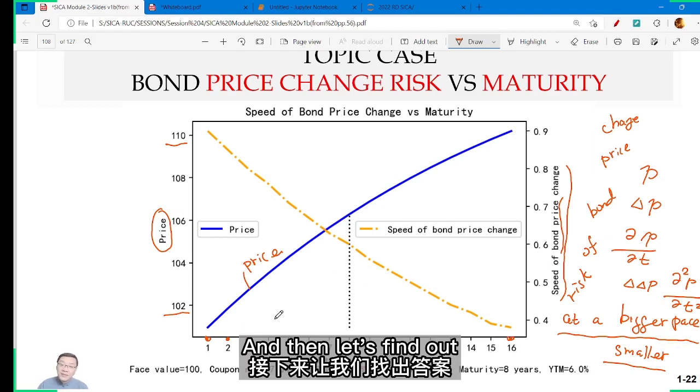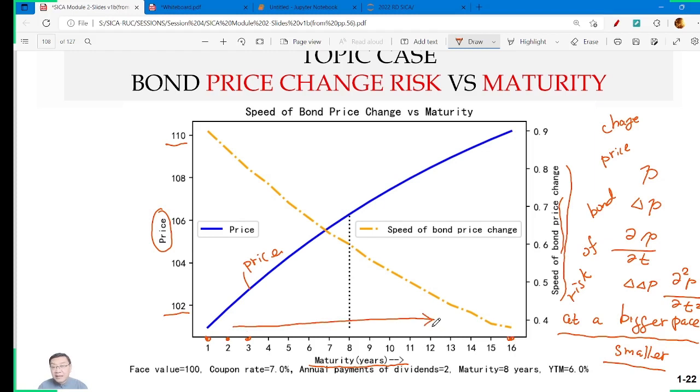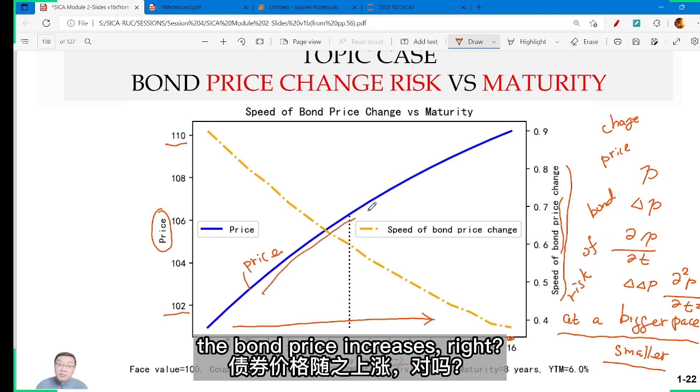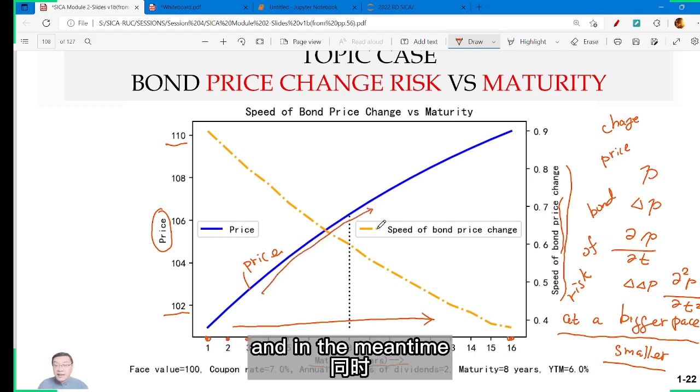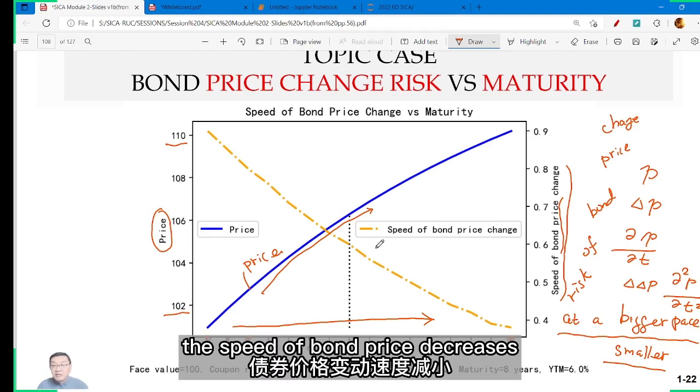And then let's find out. As we find out, as the time to maturity increases, the bond price increases, right? And in the meantime, as the time to maturity increases, the speed of bond price decreases.